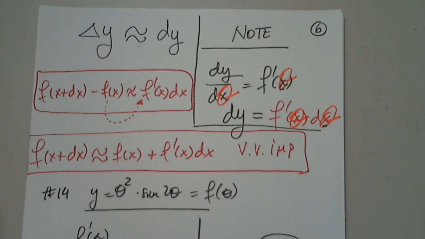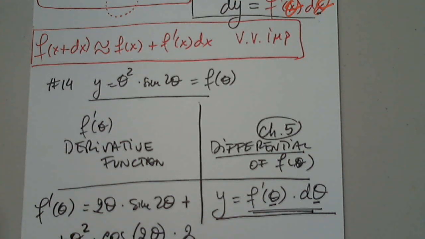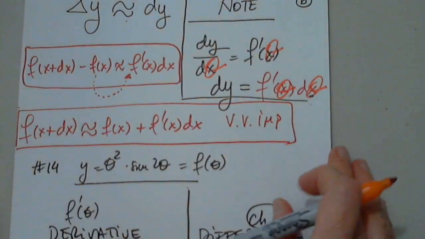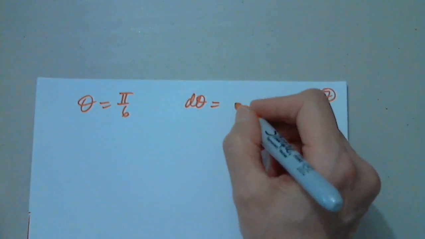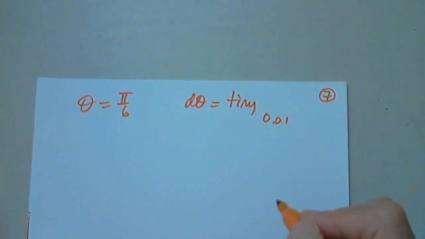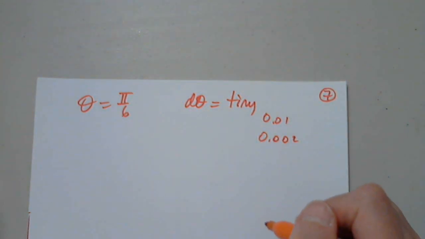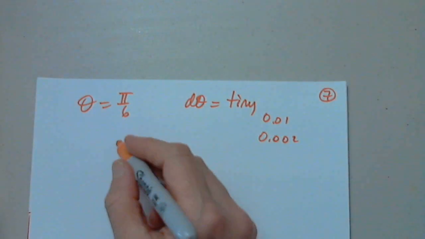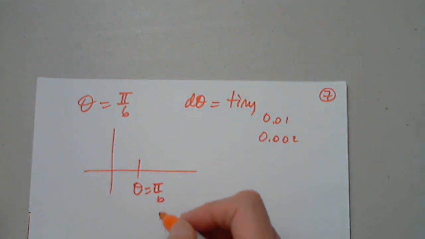Okay, so let's say theta is pi over 6. What is d pi over 6? Awesome question. Very good. If theta equals pi over 6, d theta is tiny, 0.01 or 0.002, which means this is your theta, which is pi over 6.